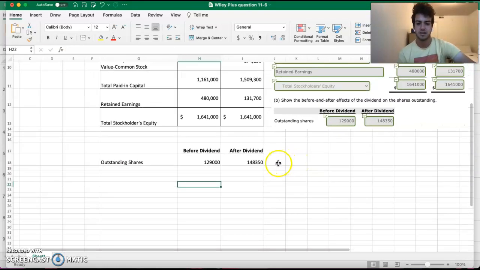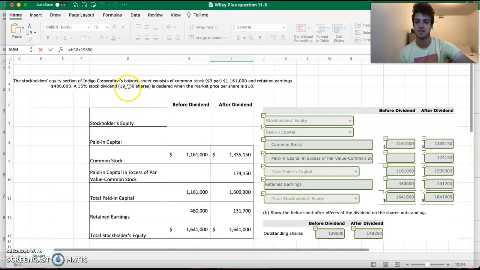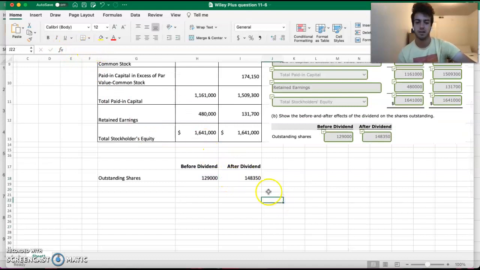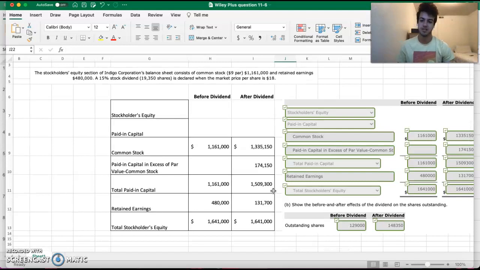Then for the after dividend value, you'll take this number and add those additional shares, 19,350, and that will get you 148,350. That's basically all the calculations you'll need to do to solve this question.